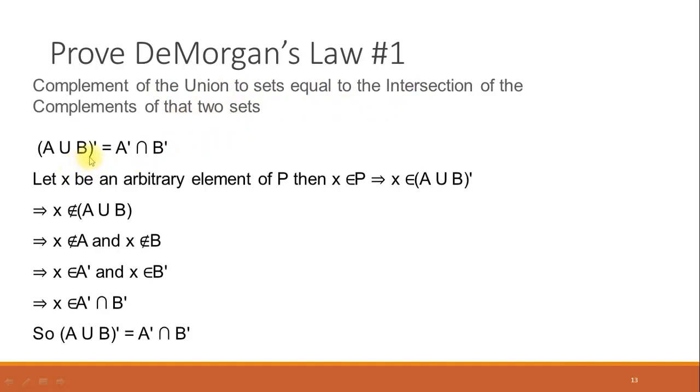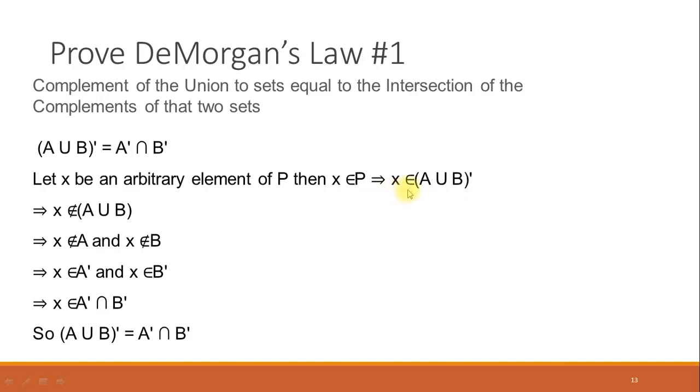That is, (A union B) whole complement is equal to A complement intersection B complement. Let X be an arbitrary element of P, where P is equal to (A union B) whole complement. Then X belongs to P means X belongs to (A union B) whole complement.